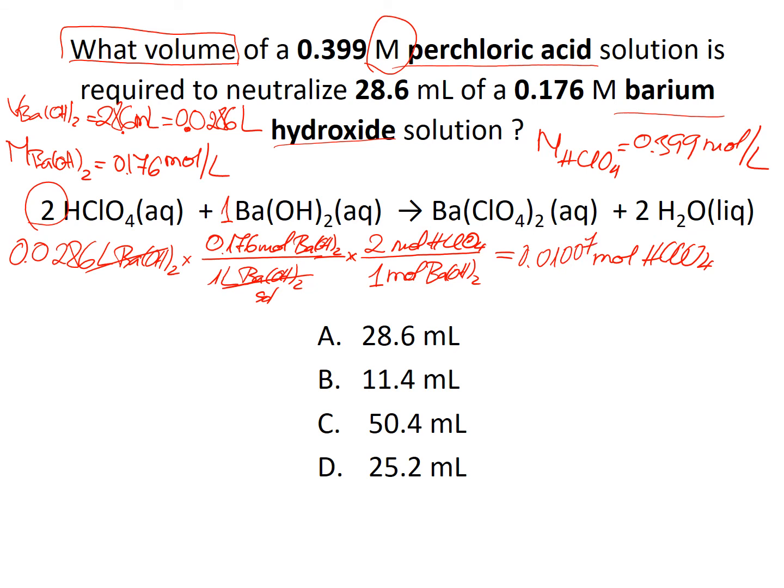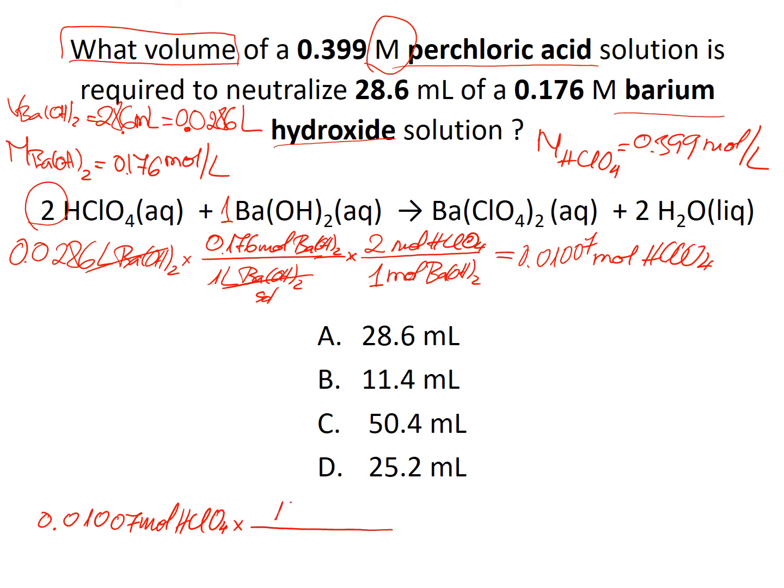Now that we have the moles, we're going to say that 0.01007 moles of perchloric acid are going to be in the following volume of solution.